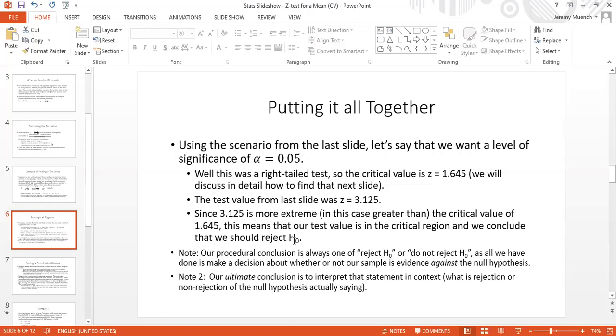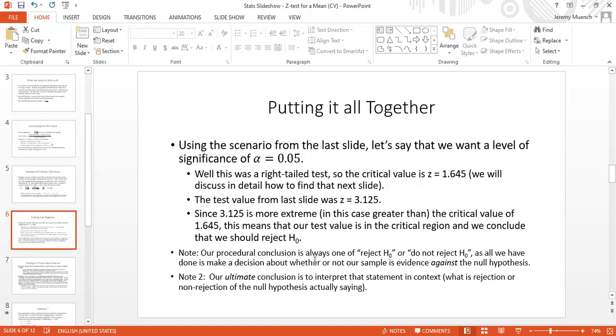From a procedural standpoint, this is the end of our hypothesis test. We've laid out our hypotheses. We've laid out what our benchmark for rejection would be. We've tested. We've used our sample values. We've come up with a test value. It went past the benchmark, so we reject the null hypothesis. This is the full procedure of a test.